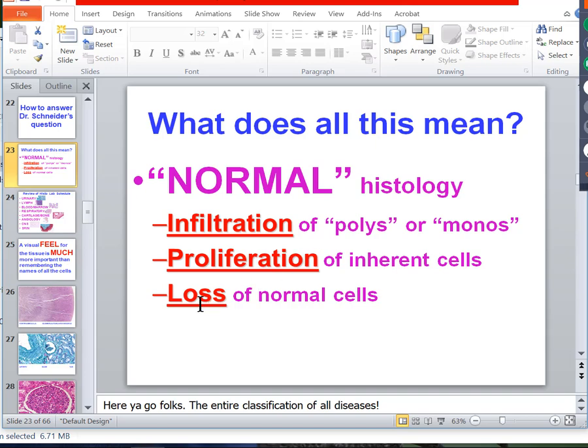Okay? If you see that some parts of the normal histology has a loss of cells, like you look at a bone and the articular cartilage is eroded, or the cartilaginous cells are lost, okay, that would be a degenerative disease. And that's the easy thing I want you to keep in mind.